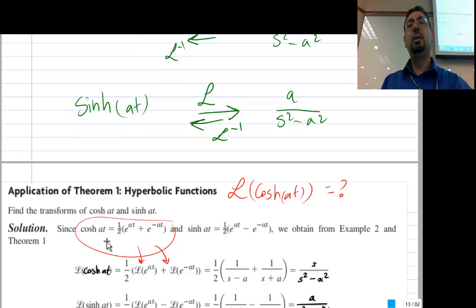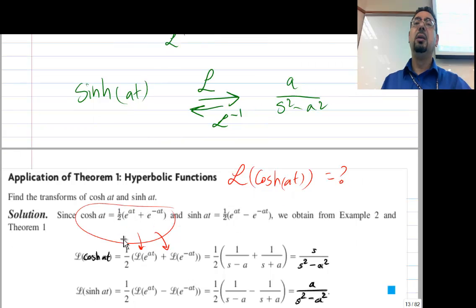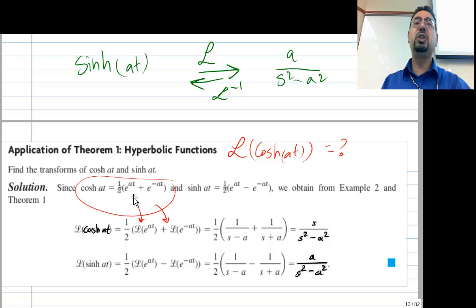The cosine at is half e to the power at plus e to the power minus at. And for the sine, do you remember what the sine was? The cosine is half this plus this, and the sine is half e to the power at minus e to the power minus at.